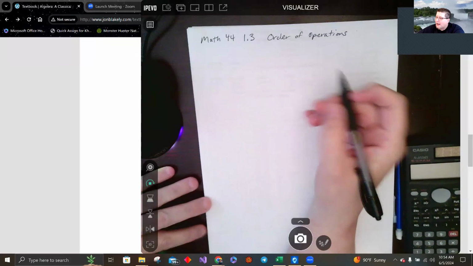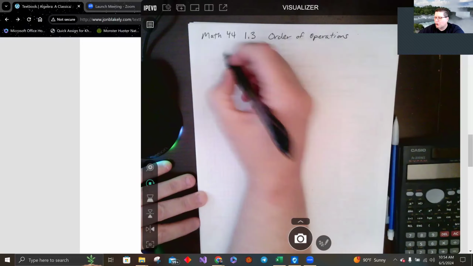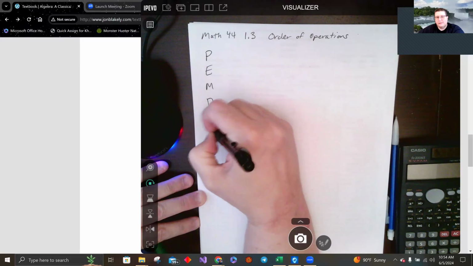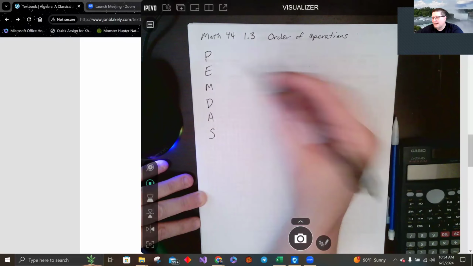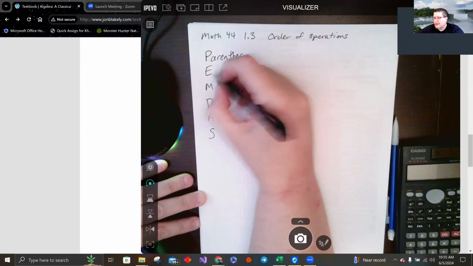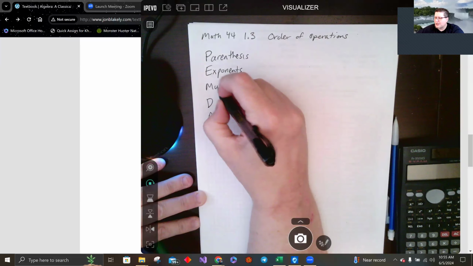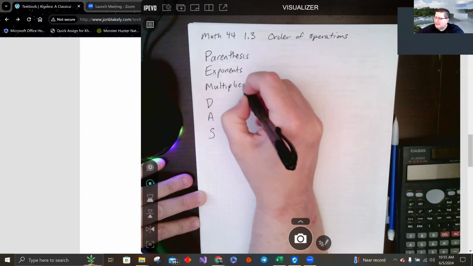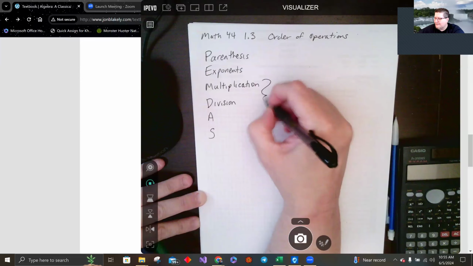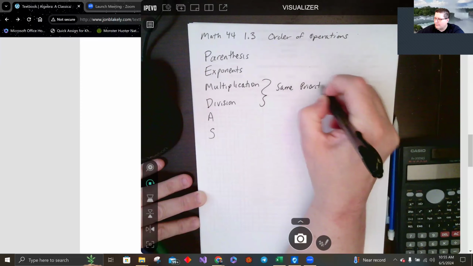Let's get cracking. First thing we're going to go over is you might have all heard PEMDAS. This helps us guide what's going to be done when: parentheses first, then exponents, then multiplication and division. And these have the same priority, so you go left to right with them.